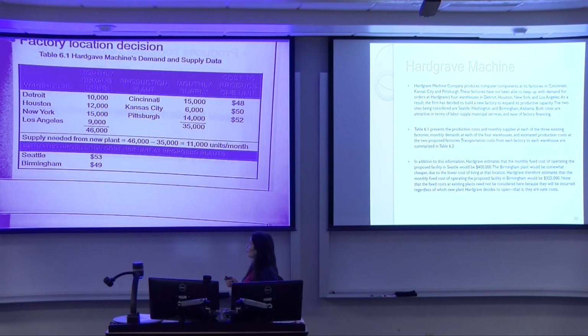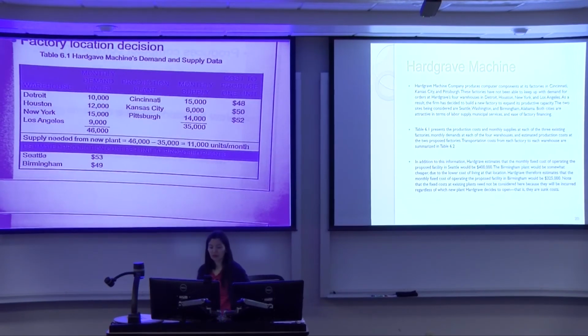So what is the difference between those two candidates? The cost, right? If you open the plant, first of all, the monthly fixed cost of operating a facility in Seattle is $400,000, and in Birmingham it would be $325,000.